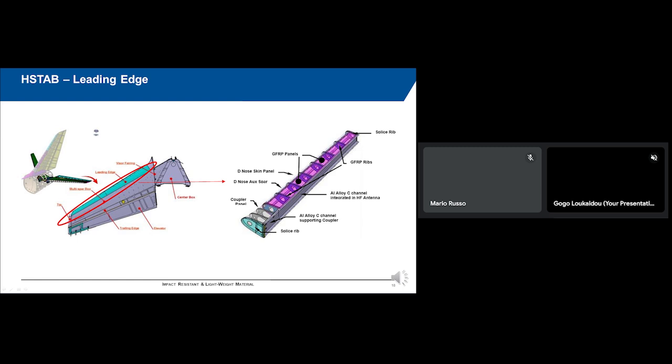But the most used, especially nowadays, is SPH, smooth particle hydrodynamics. In this kind of simulation, the body is modeled as many different particles, and it impacts the component, in that case a leading edge, the part that is on the wing of the airplane.